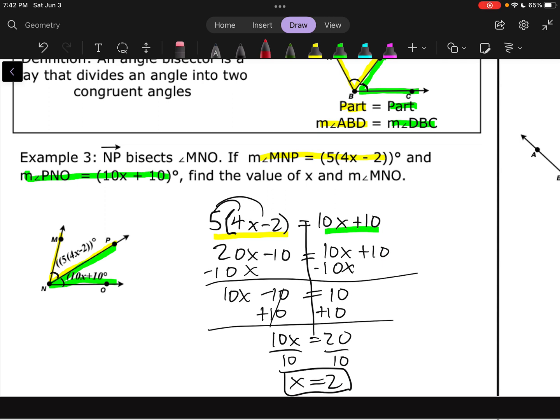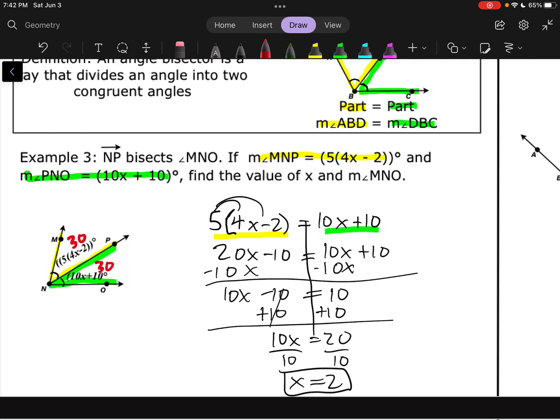Okay, now x is 2, so let's plug it back in to find MNO. Let me plug it back into the two different specific angles. If x is 2, then 4 times 2 is 8, minus 2 is 6, and 5 times 6 is 30. And then for the other side, 10 times 2 is 20, plus 10 is 30.